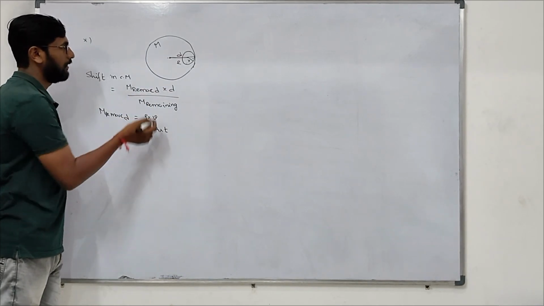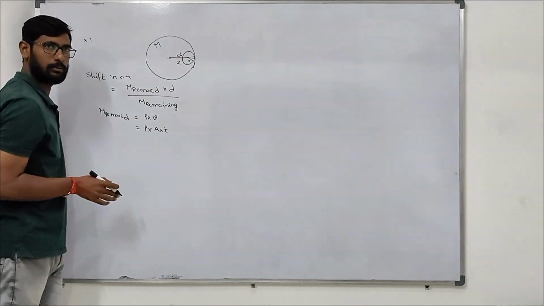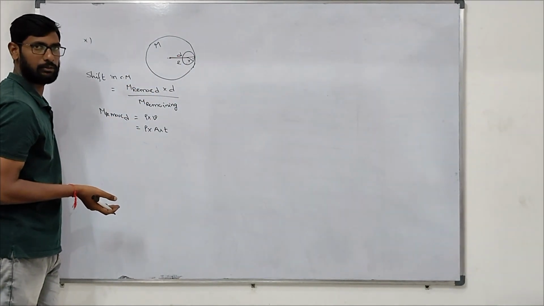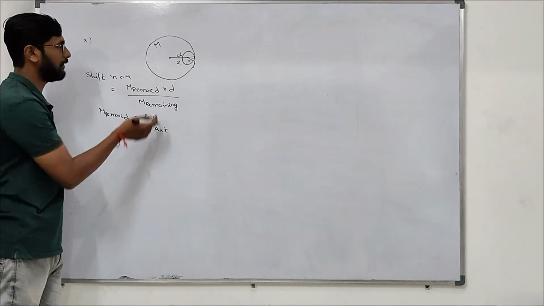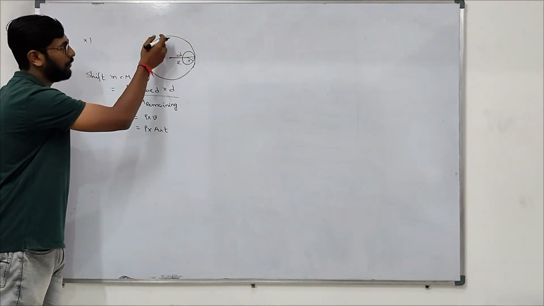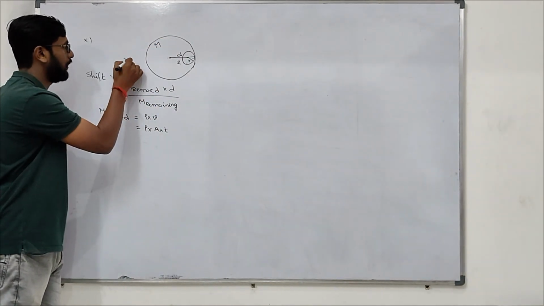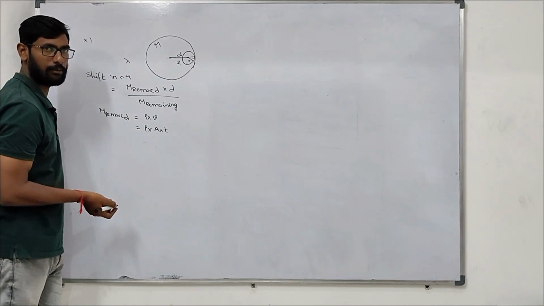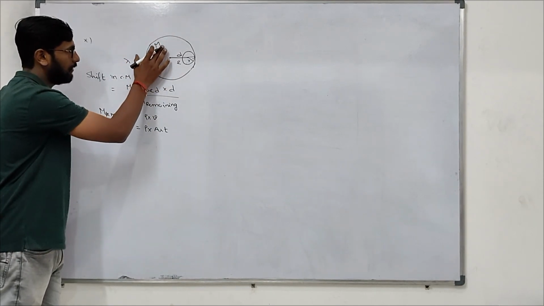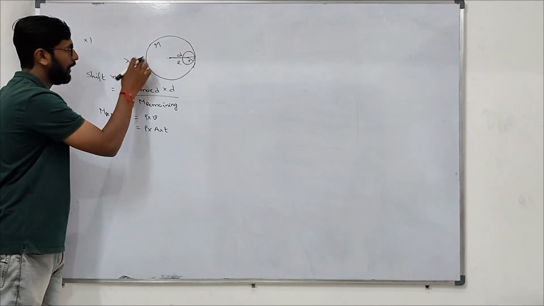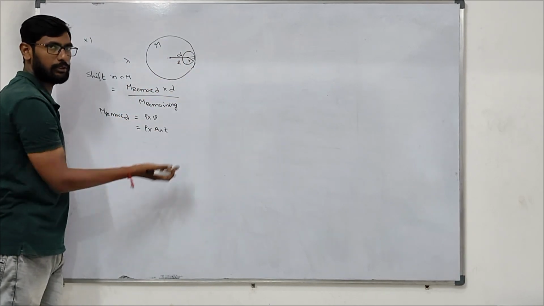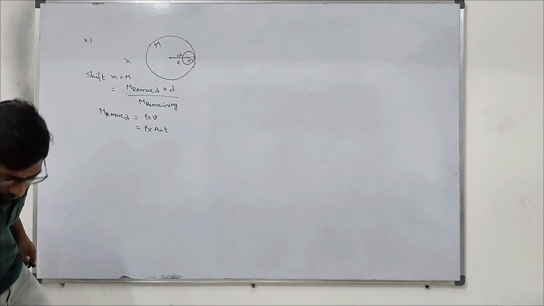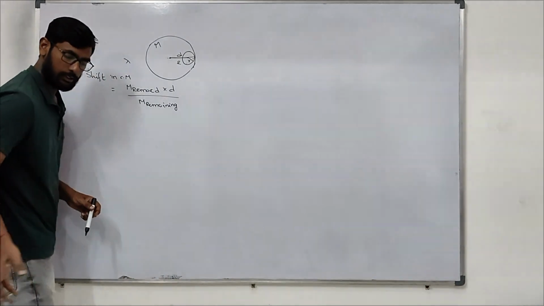Other way, this and this have the same mass density, right? So if we take mass density, then the mass will be what? We take linear mass density as lambda. Then the mass of this will be lambda into area of this. So what we will do?